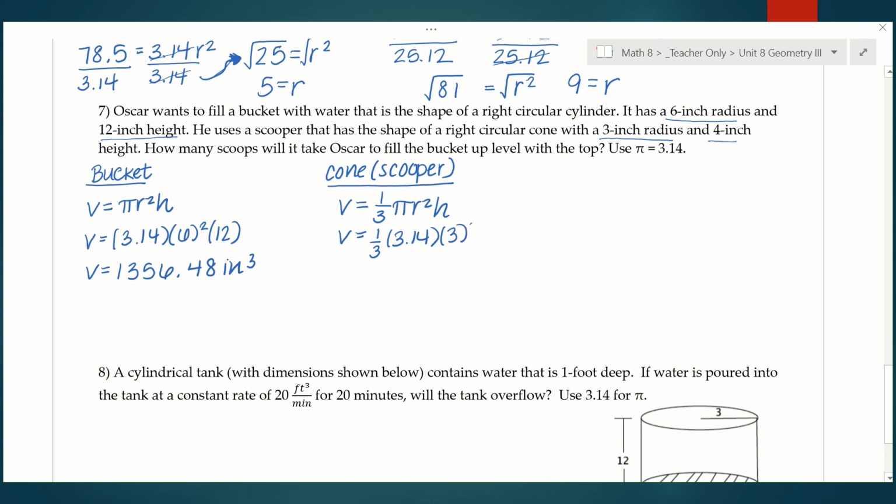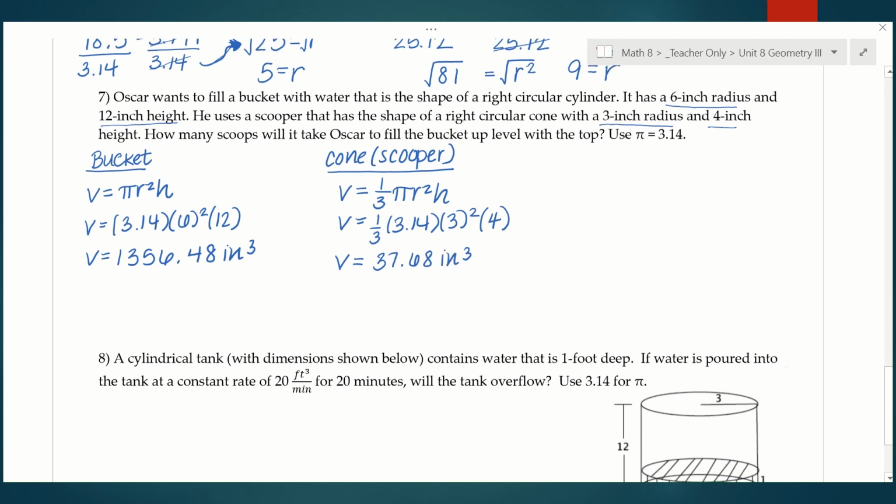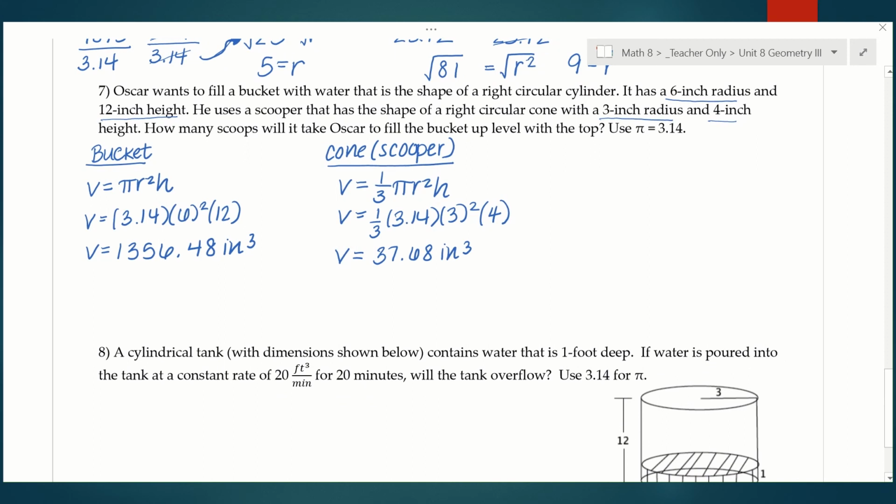So we're going to do times 3 squared times 4. Let's type that in. You should be getting 37.68 cubic inches.